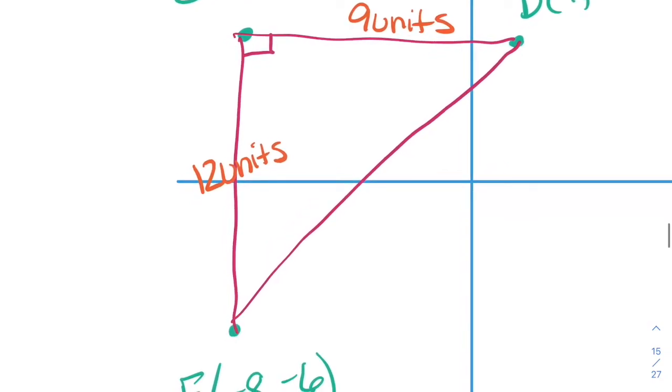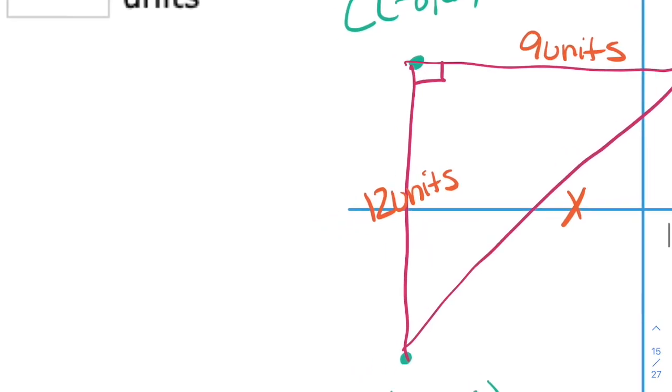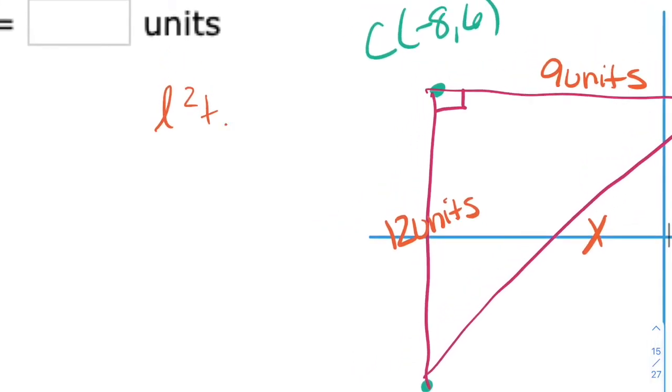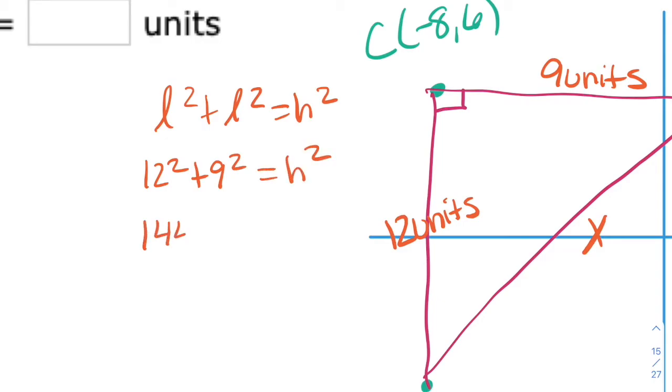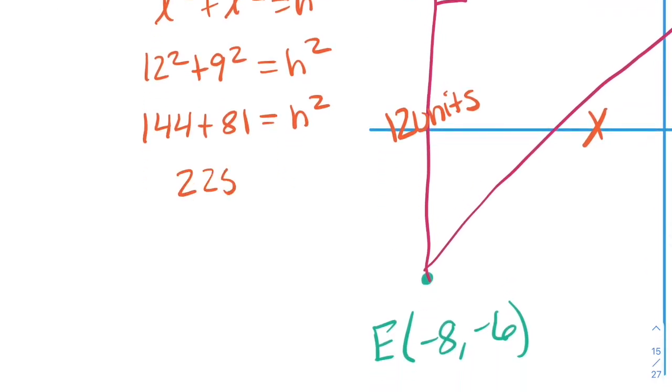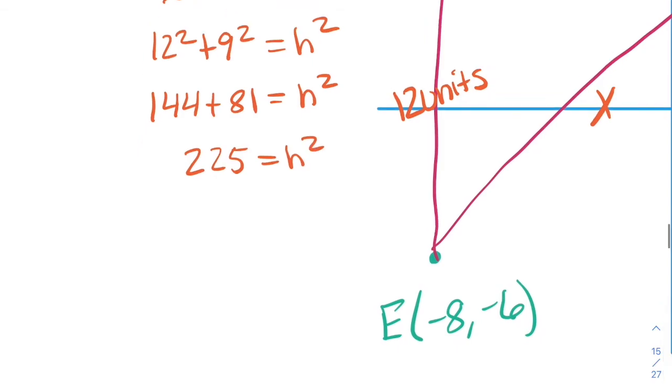And I'm almost done. What I need to do is find this number right there. So I'm going to do leg squared plus leg squared equals hypotenuse squared. So 12 squared plus 9 squared equals h squared. 144 plus 81 equals h squared. 225 equals h squared.